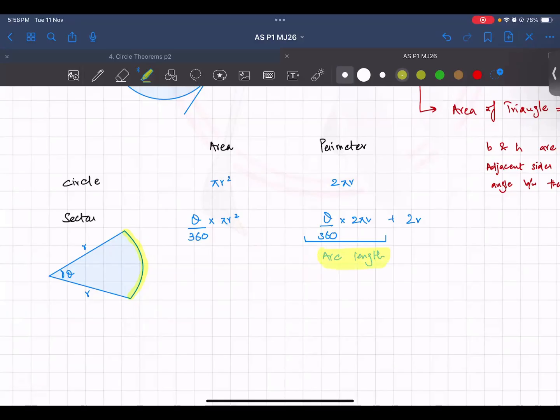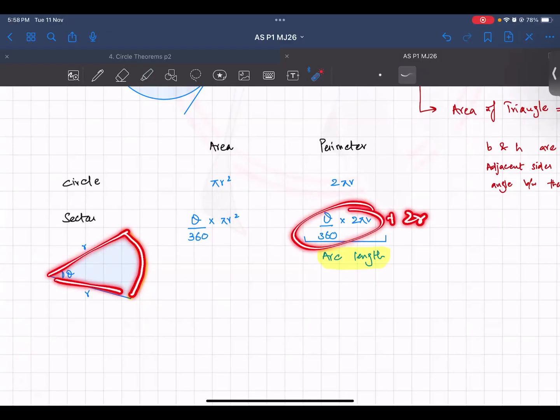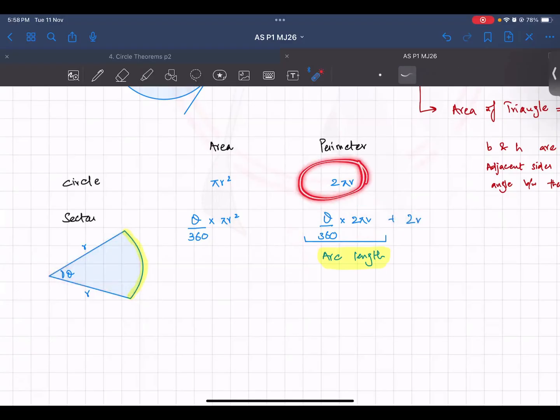And if they talk about the perimeter, perimeter is the sum of all sides. So there is the arc length and there are two radii, so the perimeter is arc length plus 2r. And 2 pi r is the circumference of a circle. We have done these two formulas as well.